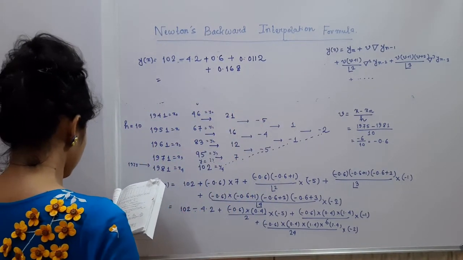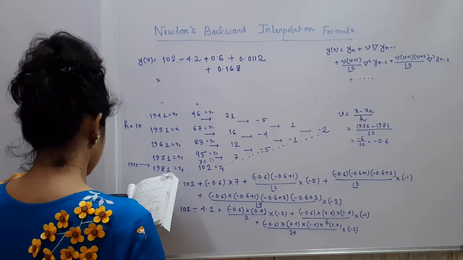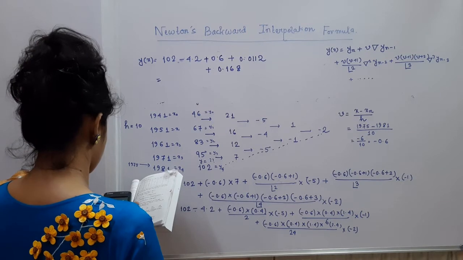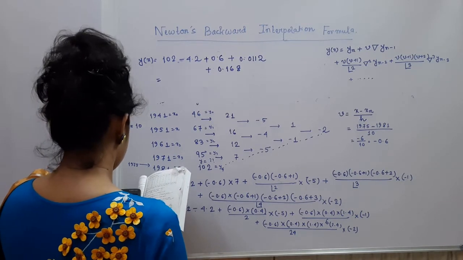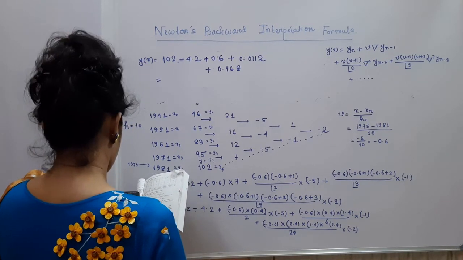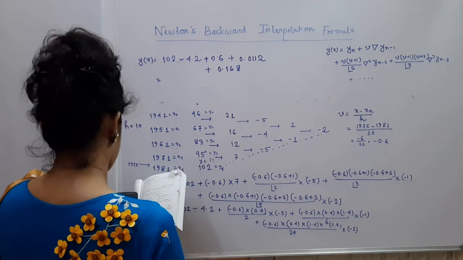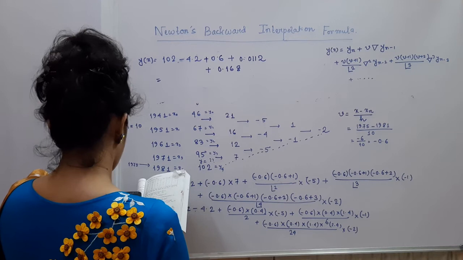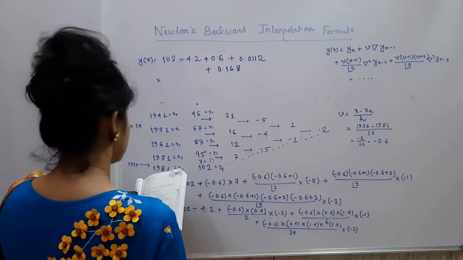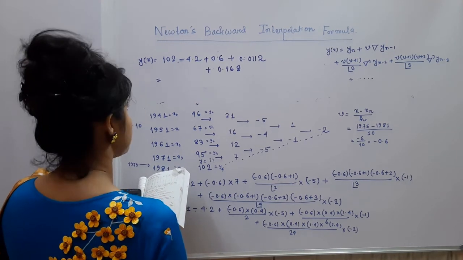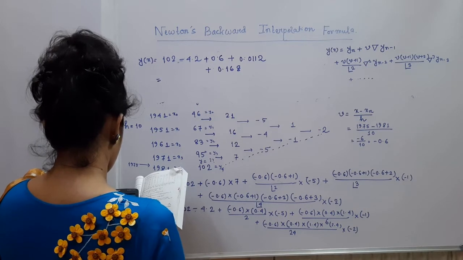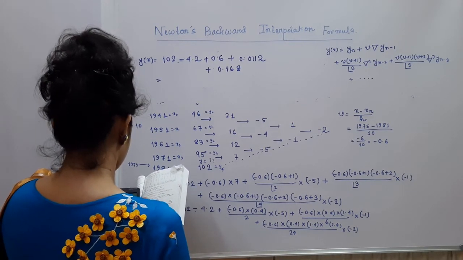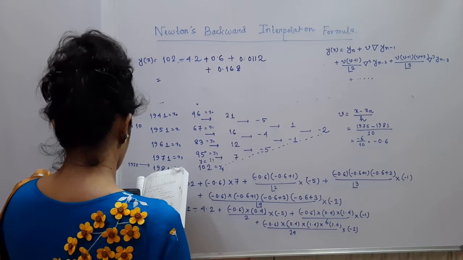So 102 plus 0.6 plus 0.0112 plus 0.168 minus 4.2.